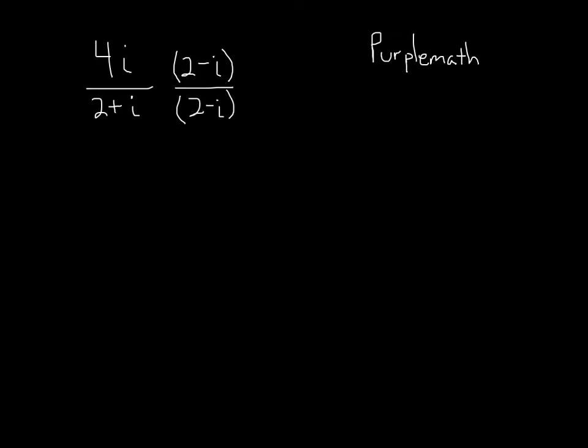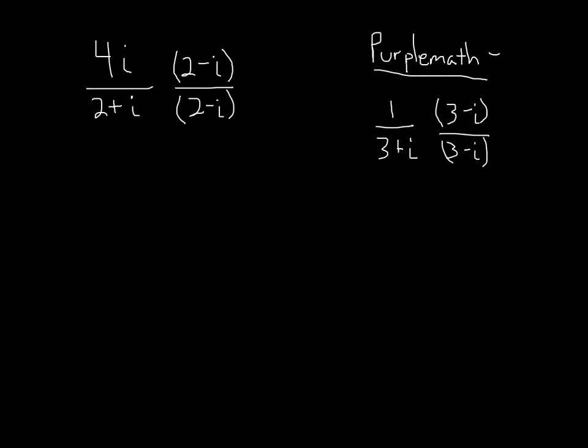So just to go in a little more detail on this conjugate idea, let's say I had 1 over 3 plus i. If I want to get rid of the 3 plus i in the denominator, I will multiply by the conjugate, which is 3 minus i, divided by 3 minus i.